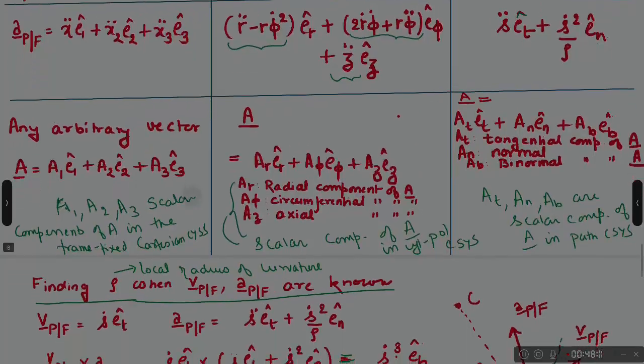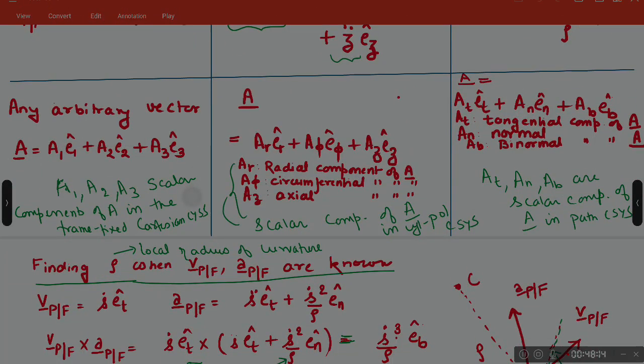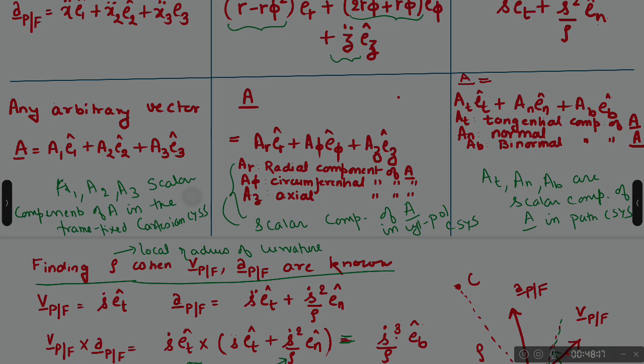Now once you have one of these coordinate systems as your preferred working coordinate system, you will realize that you may have to express many other vectors in your working coordinate system. Of course, we derived expressions for two vectors of immense importance. One is VPF, the other is APF. Those are very important kinematic vectors.